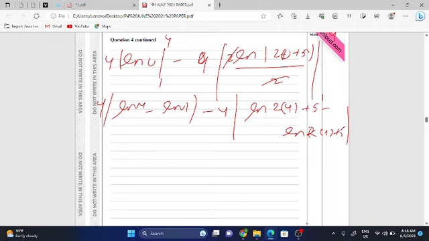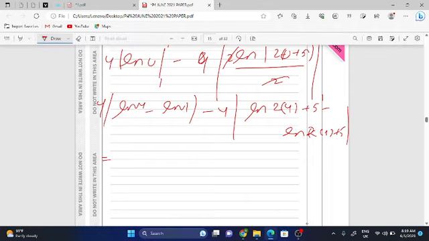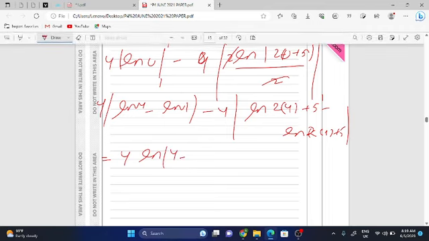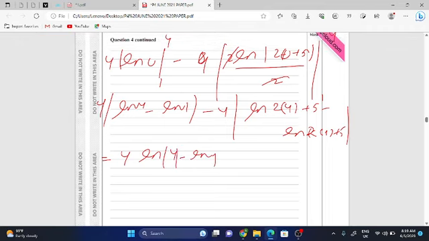You are able to get your answer in a final form. Let me check. It would be ln of 4 minus ln of 1 minus 4 times ln of 2. Yeah, this is right. And further simplification gives 4 times ln of 4 minus ln of 9.